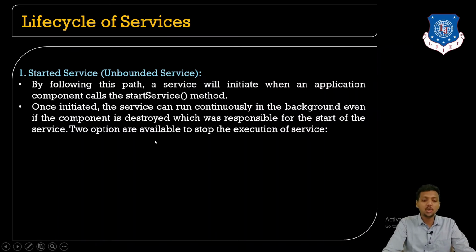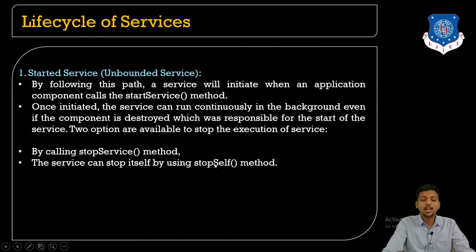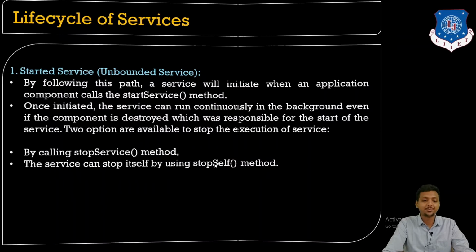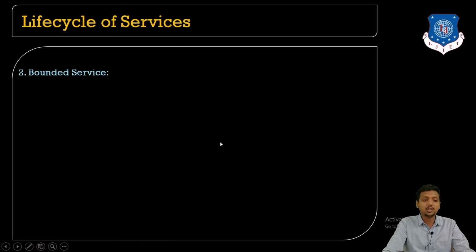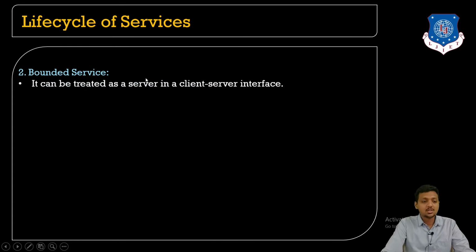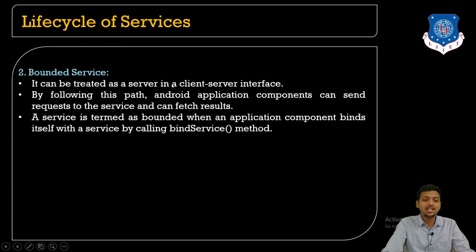The two options available to stop the execution of the service are calling the stop service method or calling the stop self method. Now the next is a part of bounded services. So next is bounded services, that means it can be treated as a server in a client server interface. That means once your server completes, you can easily stop responding to the other services.